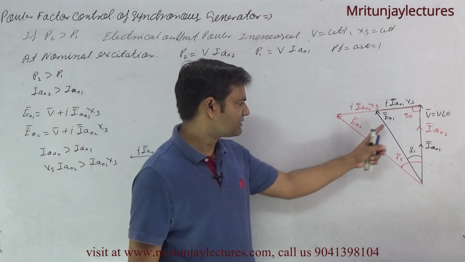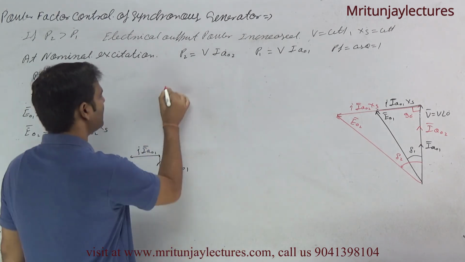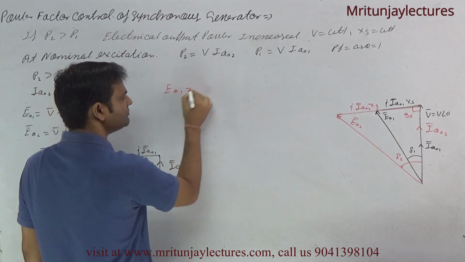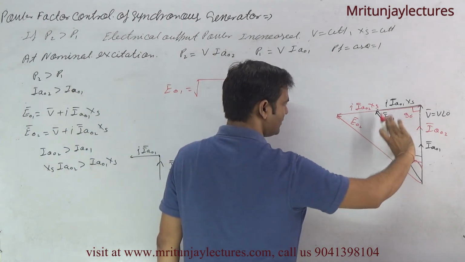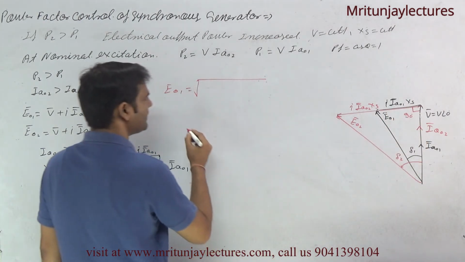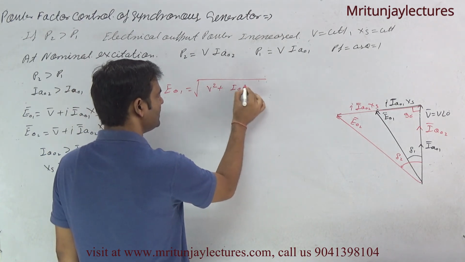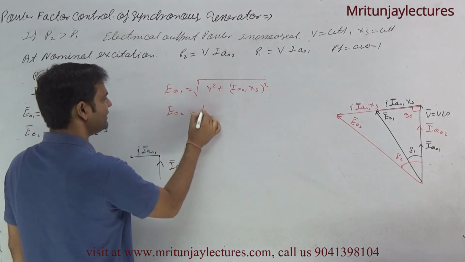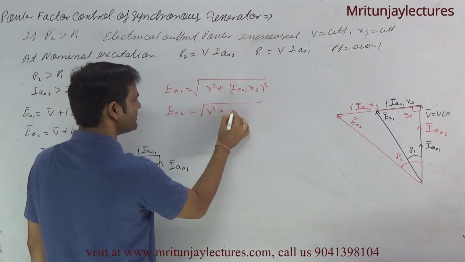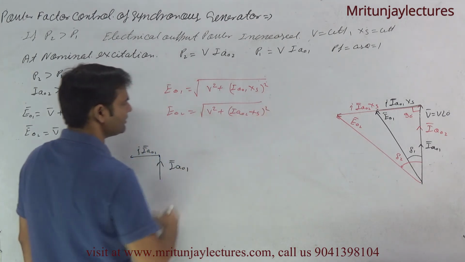Which one is greater? Of course this one is greater than this one. Why? If any doubt, then use the Pythagoras theorem. This one is 90 degrees, that's why this one is equal to this one plus this one. So E01 squared is V squared plus (IA01 into X) squared, and E02 squared is V squared plus (IA02 into X) squared.